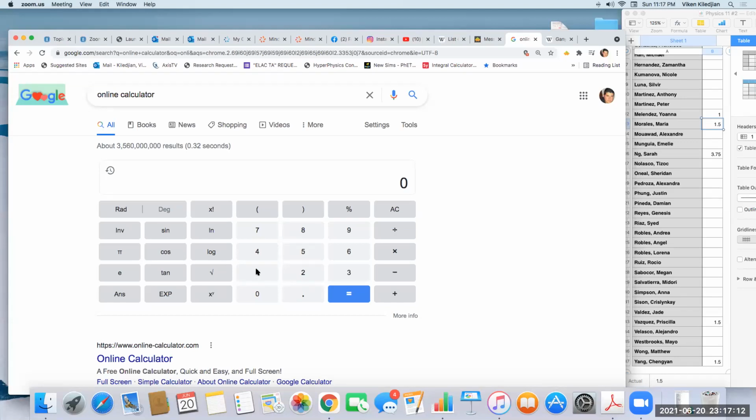Okay, so I'm going to do 11070 divided by 778.57. So that's the stuff in the parentheses. Then square that, equals. So you get this big gigantic number.